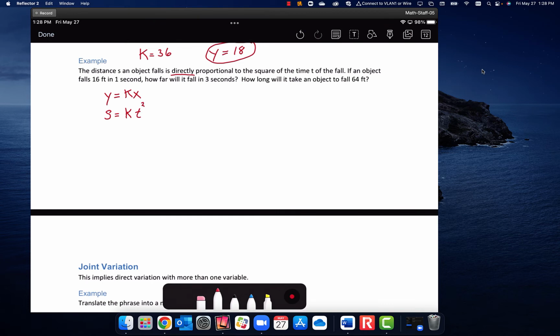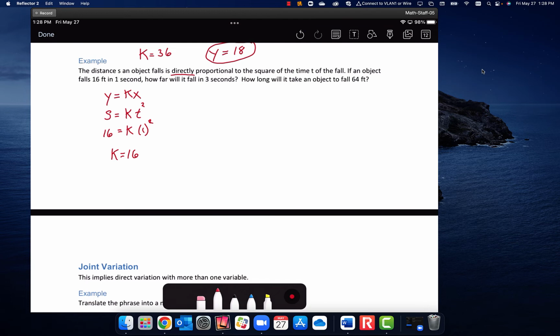Once we have our initial setup, we can use given info to find k. An object falls 16 feet in 1 second. So distance is s, time is 1 second squared, divide by 1, and we get k is 16.